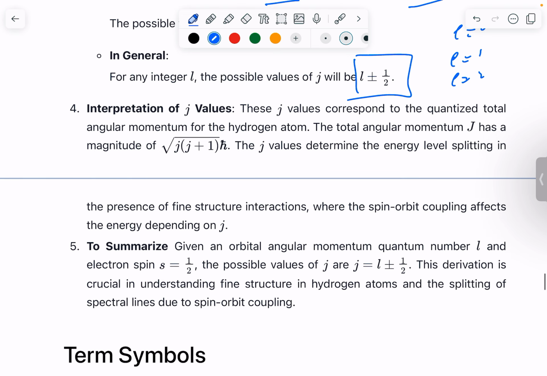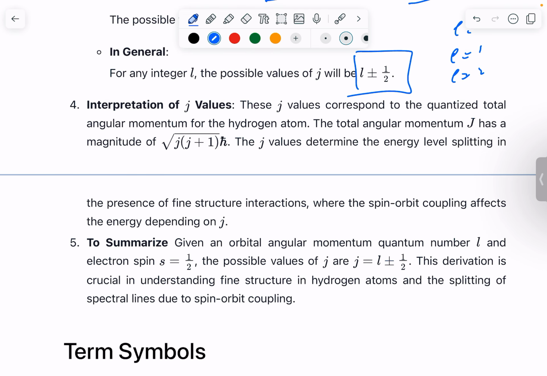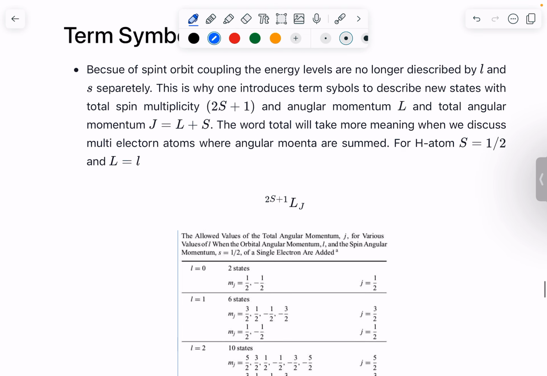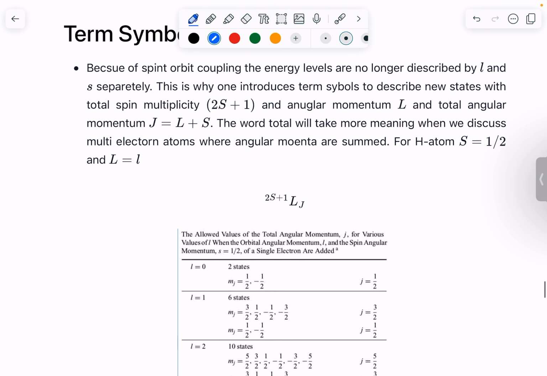So J basically follows the same kind of quantization that we've seen for L and S, and we call it spatial quantization, and it's not so different from L and S. Okay, so all these things we introduced so that we can describe the electronic levels of a hydrogen atom in the external magnetic field, or if we want to acknowledge the spin-orbit coupling.